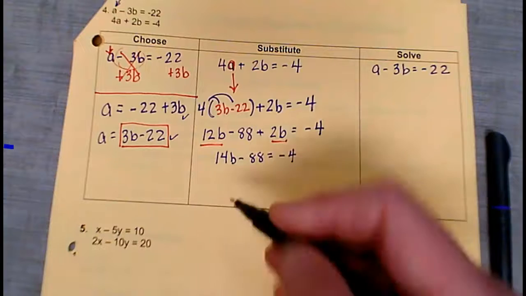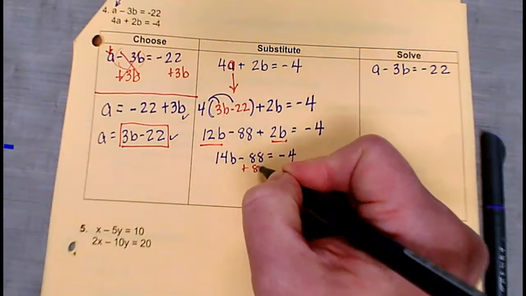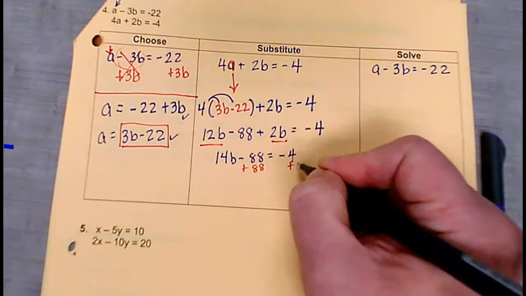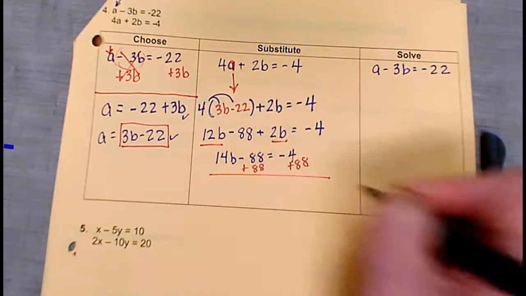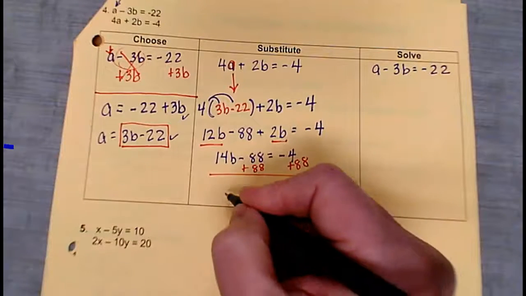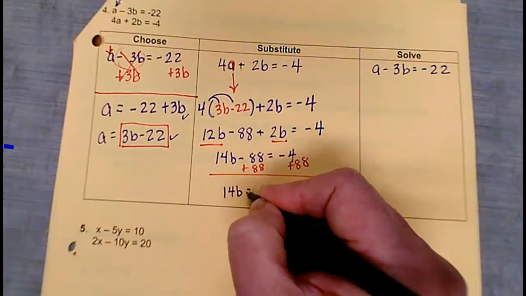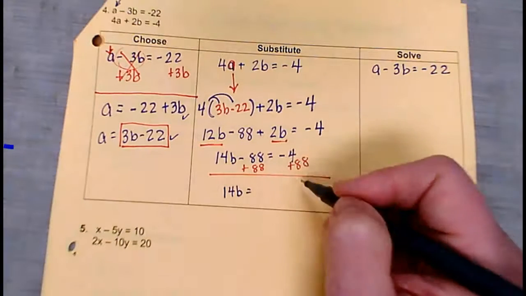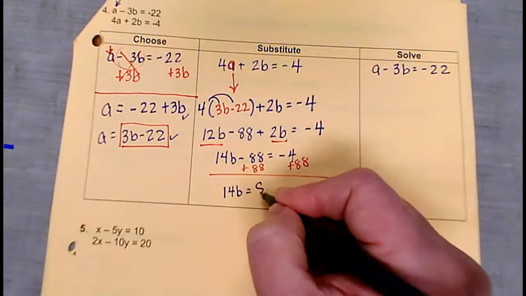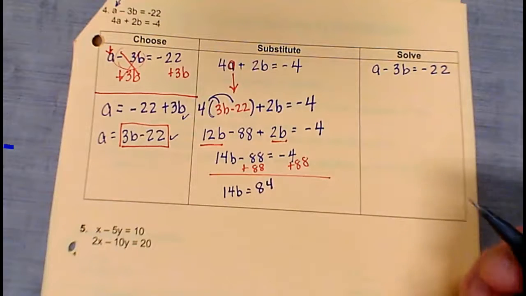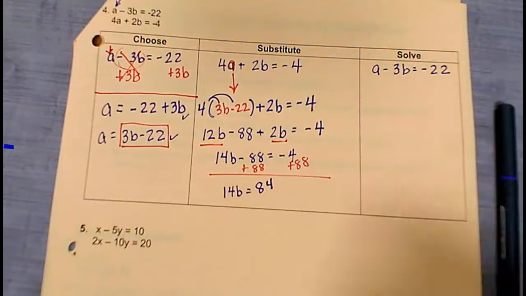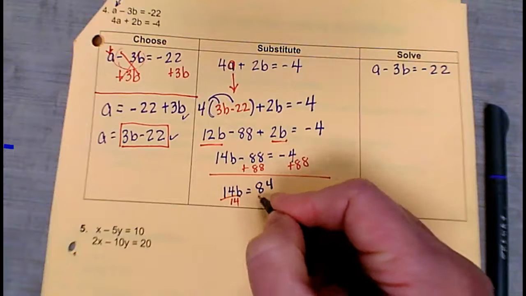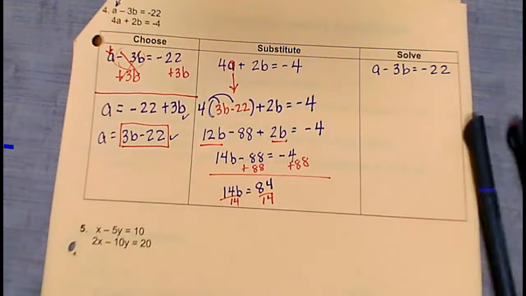I am solving, so I need to cancel out the 88, so I'm going to add 88 to both sides. Those have opposite signs, so I subtract them and keep the sign of the largest number. To finish this, I need to divide by 14.